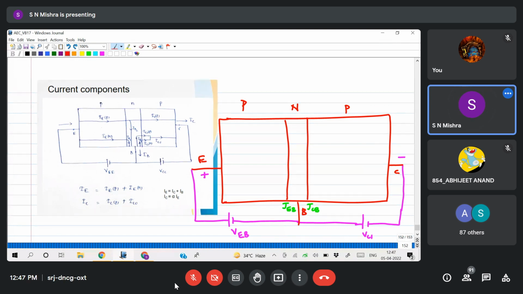Now, in this area of the emitter, I'll find holes as majority and electrons as minority carriers. Holes will transfer from emitter to collector. The movement of holes is like this, yes or no? Yes, sir. Now if holes are moving from left to right, what is the direction of current?